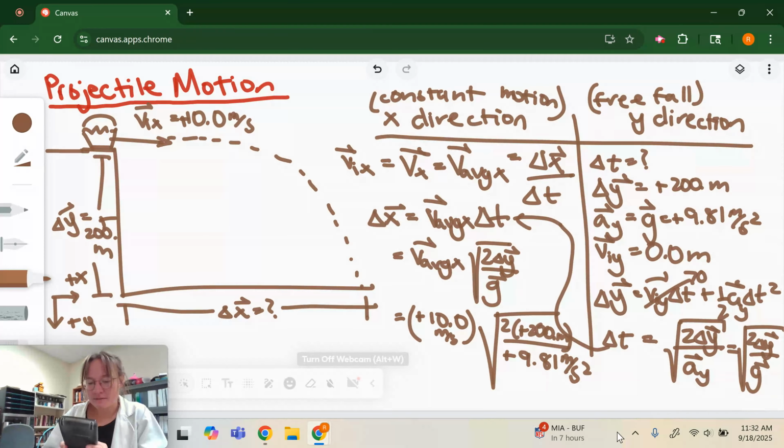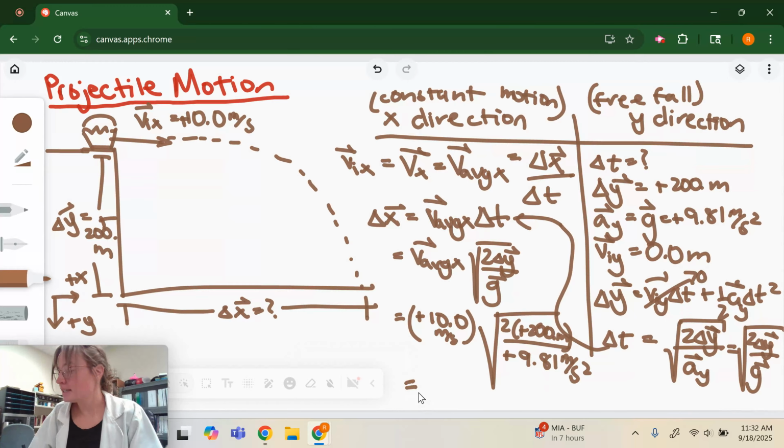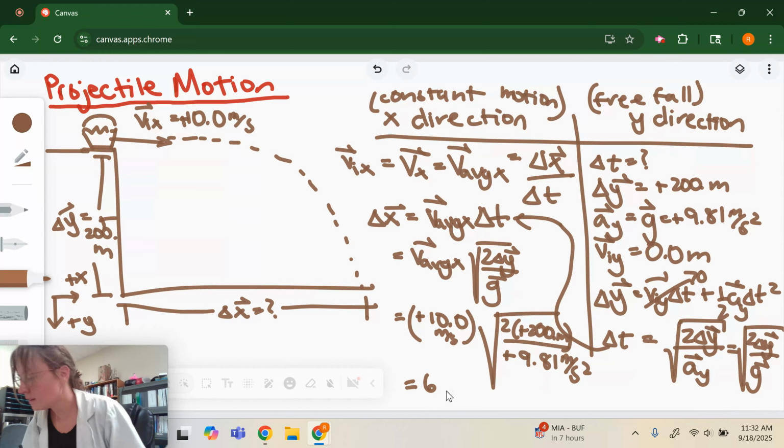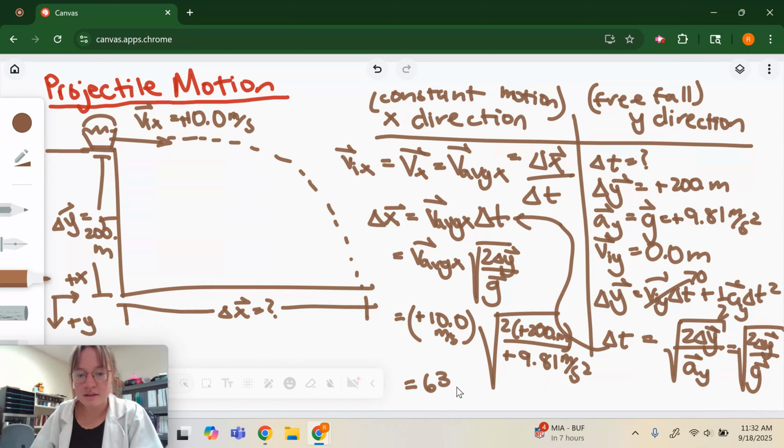When I do it, because I haven't done this problem yet, since I just made up these numbers, let's see what happens. For my delta x, I get 63.9 meters. I include as well a positive sign here to indicate my displacement is positive.